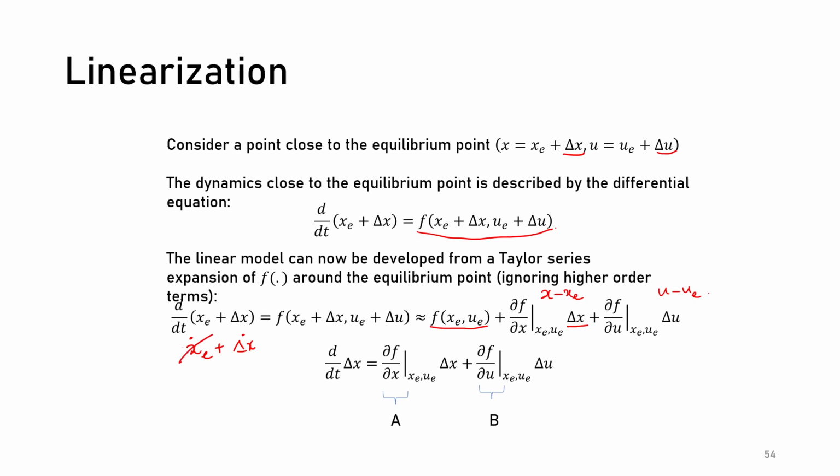So this just cancels with this, right? So finally you only have delta h dot equal to, this one is called A delta h plus B delta u. And from here you can design a controller.